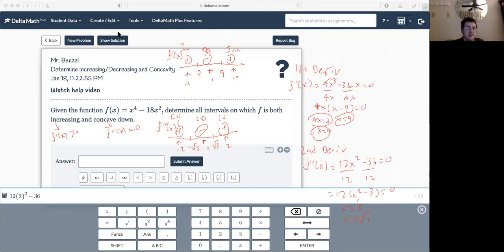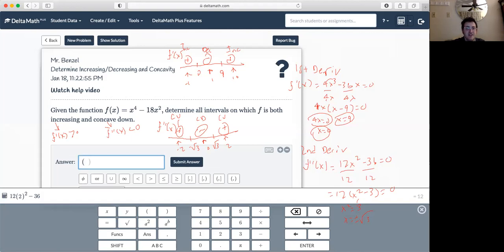So you really need to use the 2 sign charts in these. So for the increasing piece, the lowest concave down value that we have is negative square root of 3.